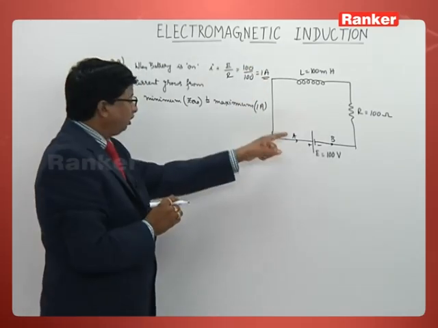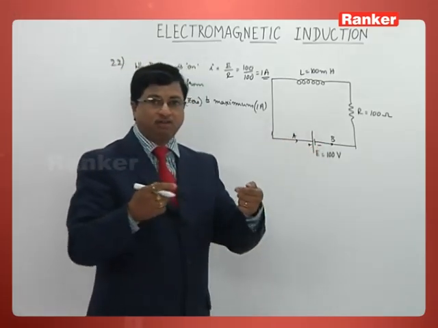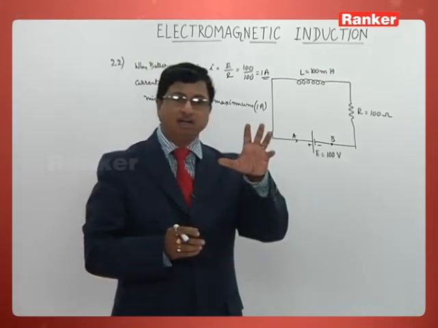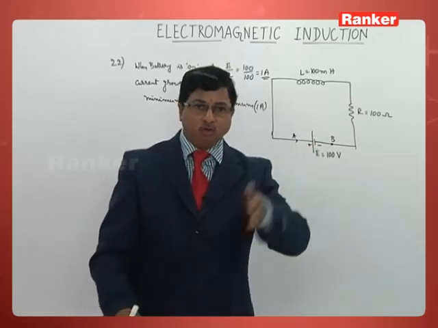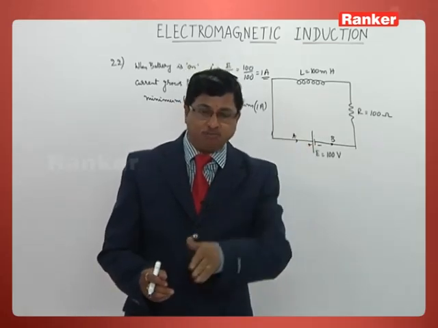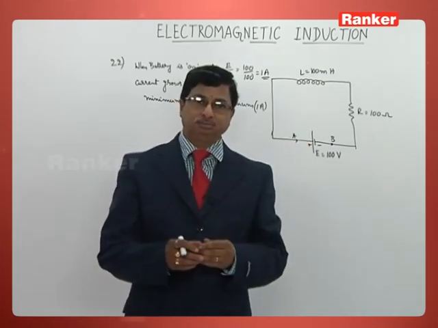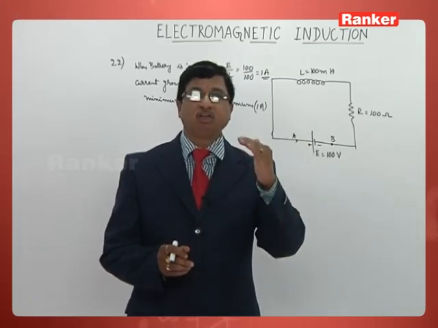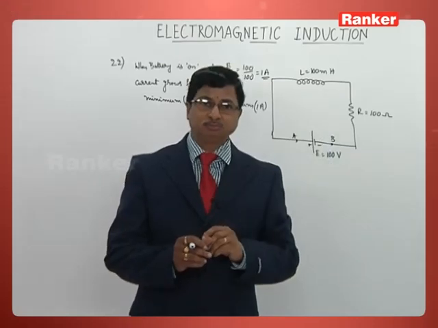Now after a long time, when this battery is disconnected and these 2 points are short circuited, then whatever current has grown in the circuit earlier, now slowly and in an exponential way, it starts decaying. We can certainly understand decay of current is going to take place in such a case from the maximum value.